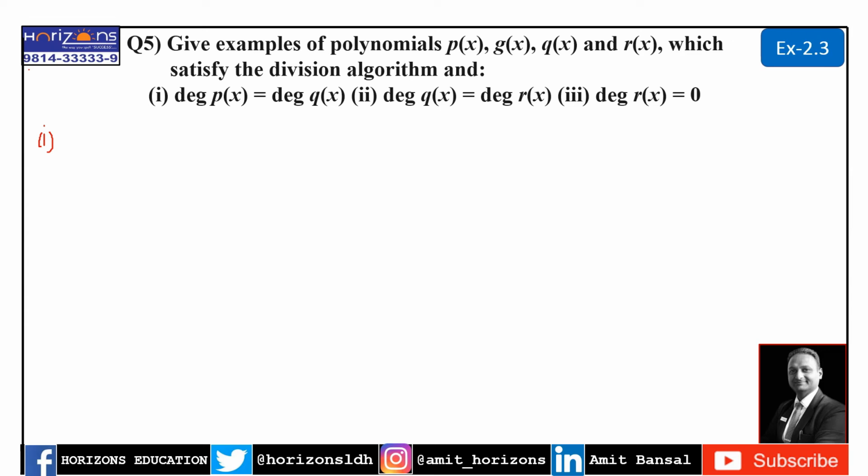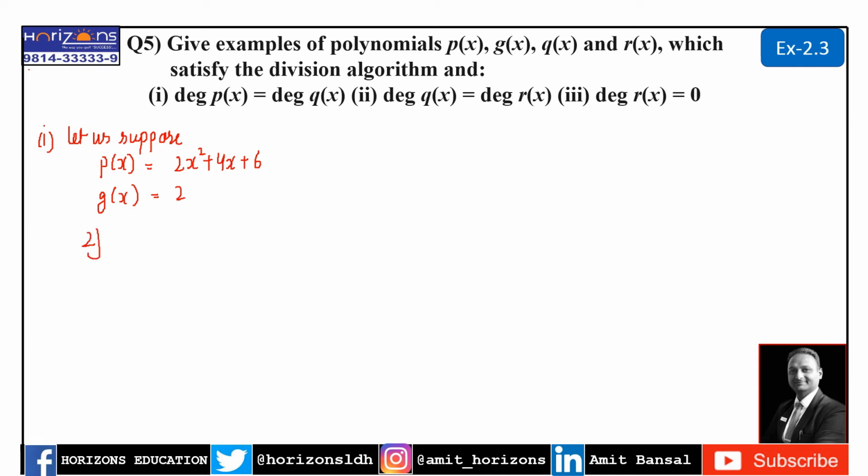So doing the first part, you can make any supposition. Let us suppose px is equal to 2x square plus 4x plus 6, and let gx is equal to 2. Right, now what would happen?